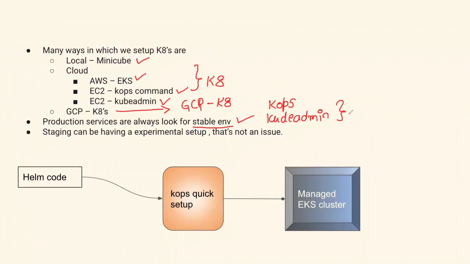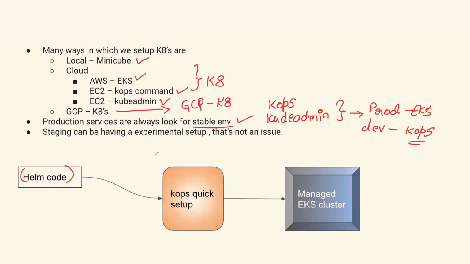So what would be the quickest and easiest answer to this? You can mention that for production services, we are using EKS, and for development services, we are using a kops cluster. I've given one small example here. You can say that all our code deployment is happening using Helm code.